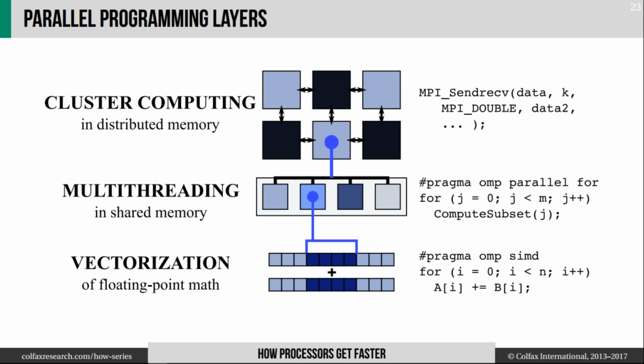In this course, we will talk about 3 layers of parallelism. We will talk about, on the lowest level, vectorization. And this is the capability of a single-threaded program to apply a single stream of instructions to multiple data elements at once. We will talk about another layer of parallelism, which is multi-threading.